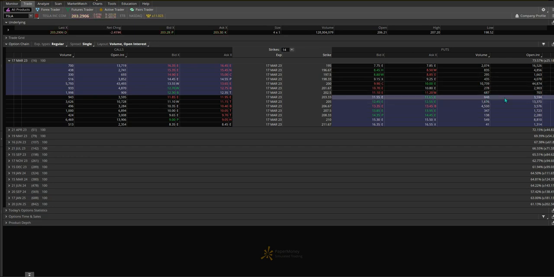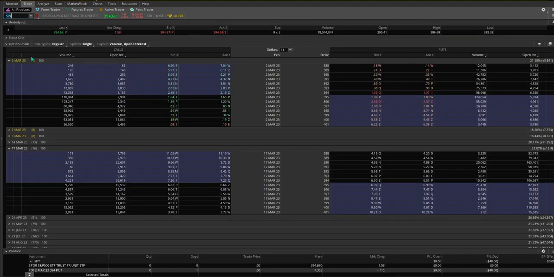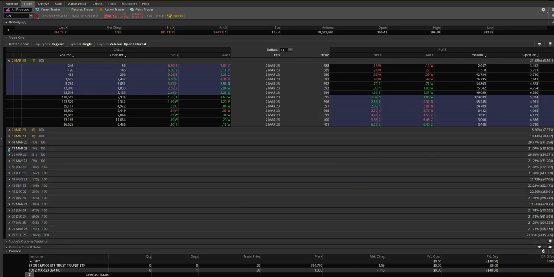Look at the volume here and the open interest here, and then we'll go into the SPYs. You can see the difference right here. Look at that. Crazy how much volume.